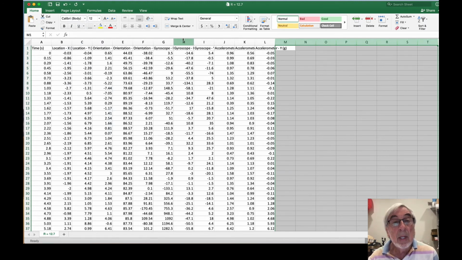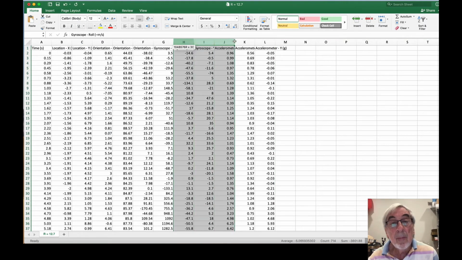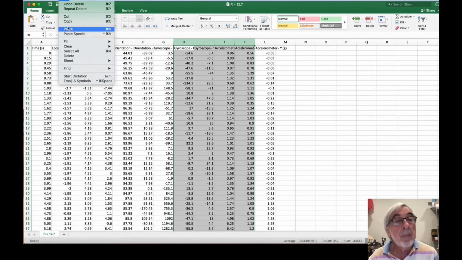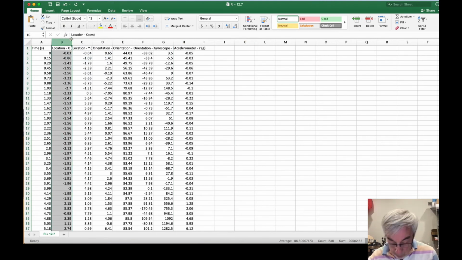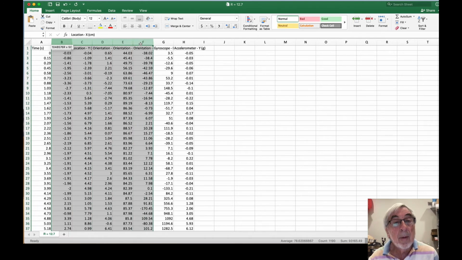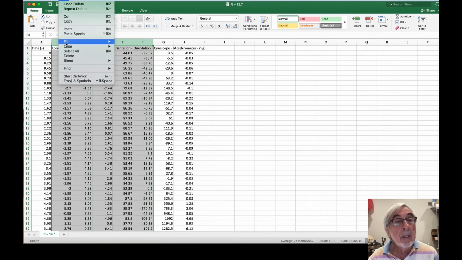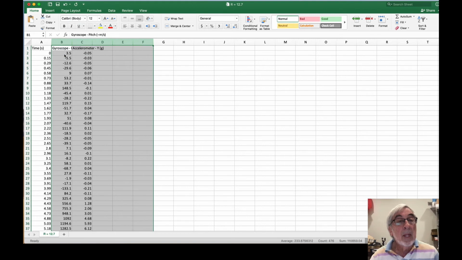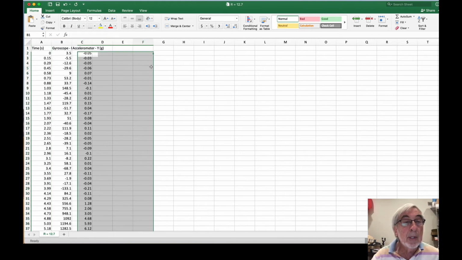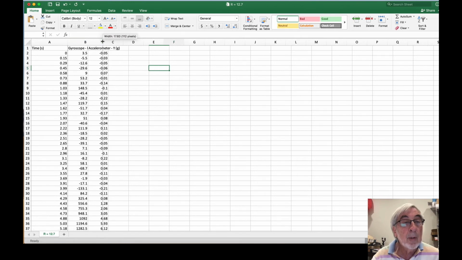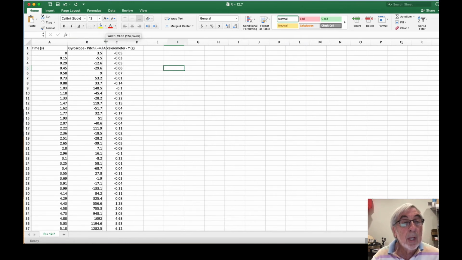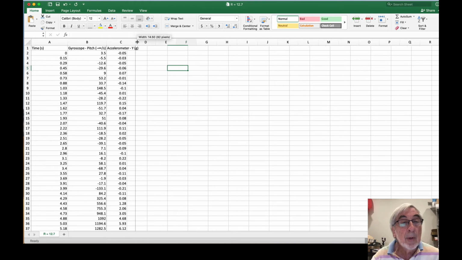Then delete H through K, get rid of those. And then delete B through F, edit, delete those away. And then we're left with three columns. These three columns here: time axis, the time variable, the gyroscope pitch angle, and the accelerometer y value.